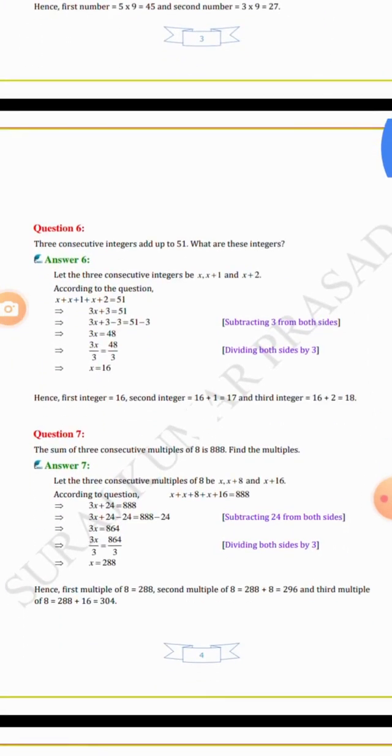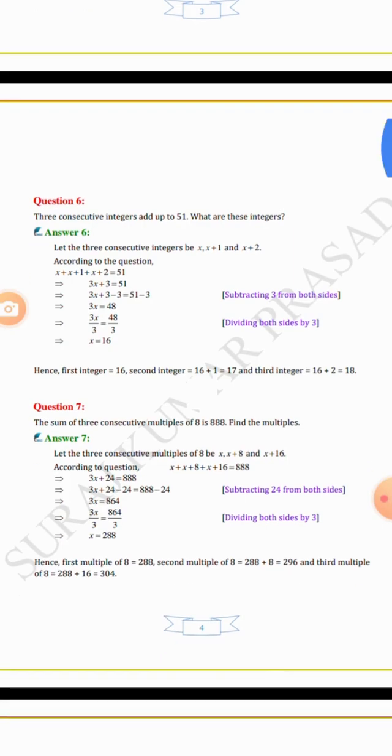Let's go for the next question. Three consecutive integers add up to 51. What are these integers? Let the three consecutive integers be x, x plus 1 and x plus 2. According to the question, x plus x plus 1 plus x plus 2 is equal to 51. Then we get 3x plus 3 is equal to 51.